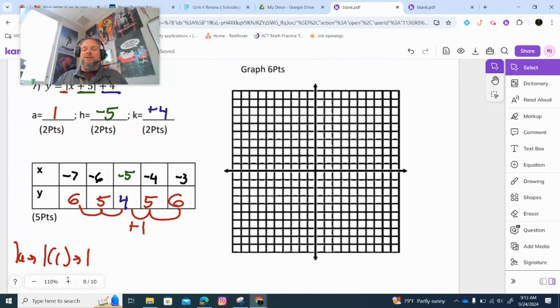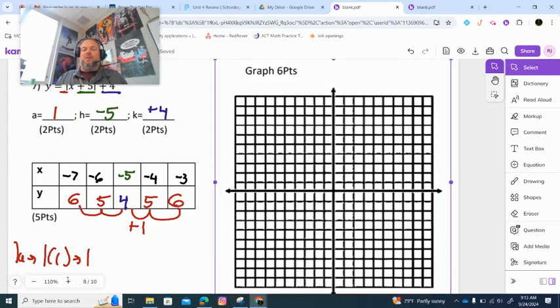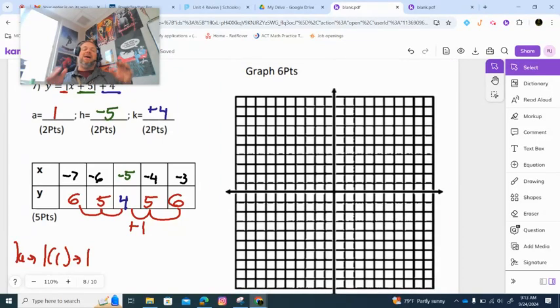Now, does anybody want to take a guess at the number one question I've had about these two problems in both blocks? How do I graph?